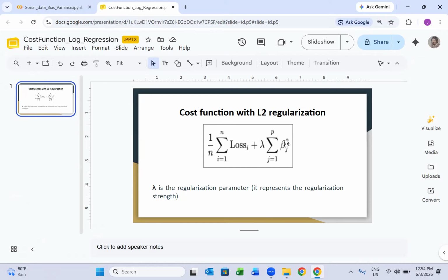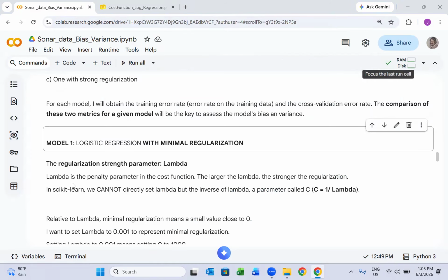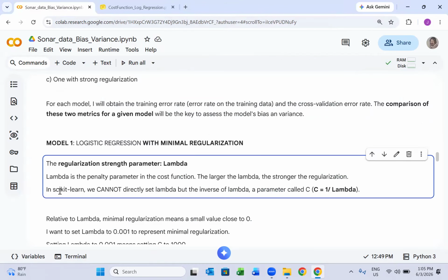All right. So now that we understand the role of lambda in the cost function in logistic regression, let's go back to the notebook. Now we have a little bit of an issue here, because in scikit-learn we cannot directly set lambda, but the inverse of lambda.